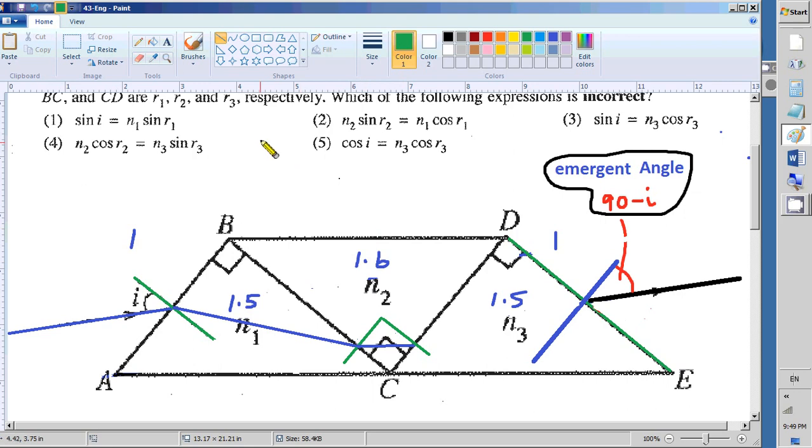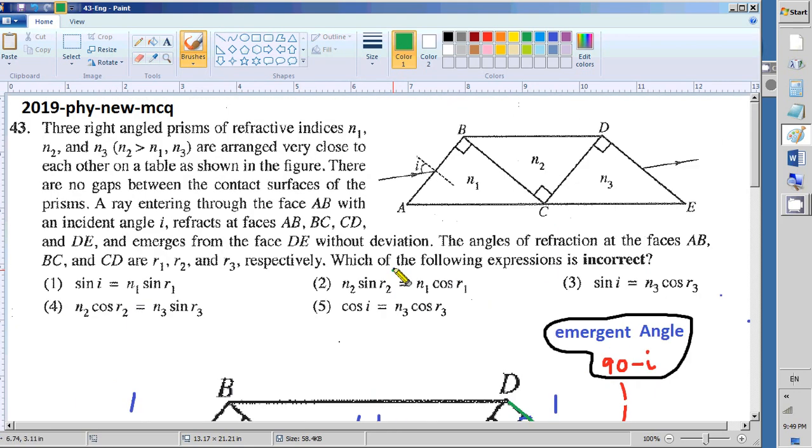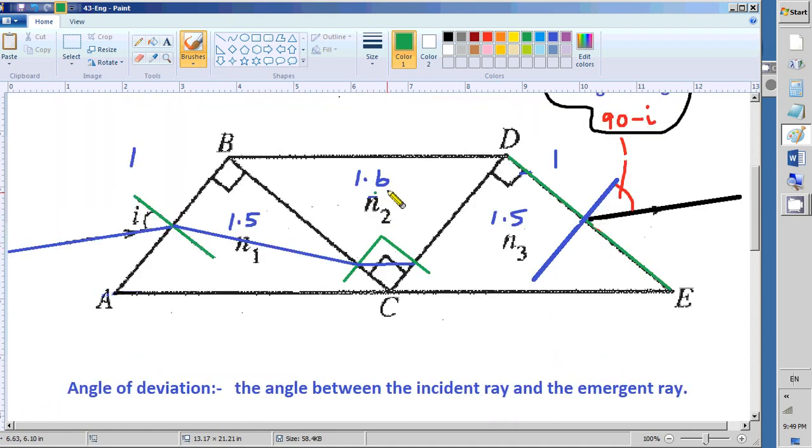Now see the refractive indices, the number 1.6 to 1.5, n2 to n3. So again not much difference, you can see.